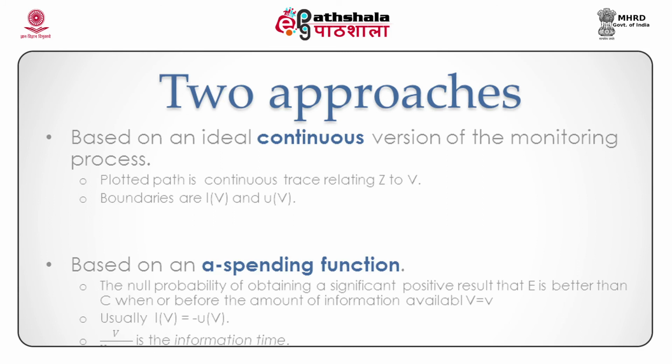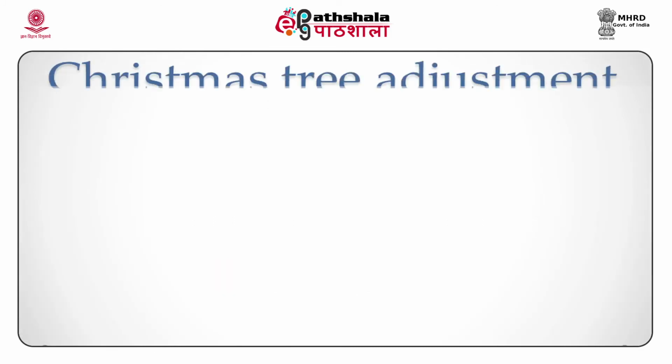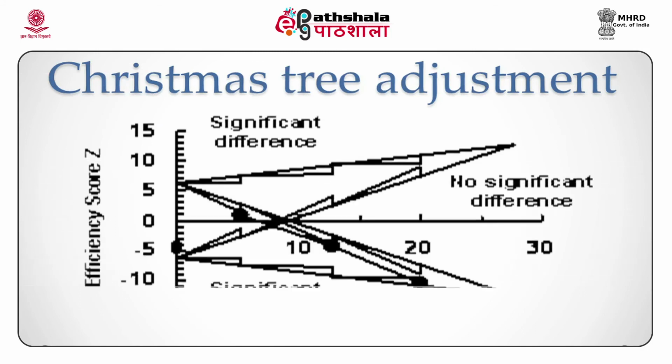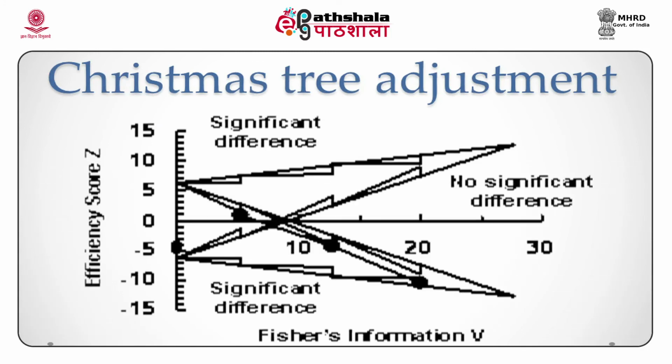These adjustments can be made using the Christmas tree correction. So, the problem here is that the stopping rule boundaries can be crossed in between two discrete time points, and thus it is necessary to bring them together.